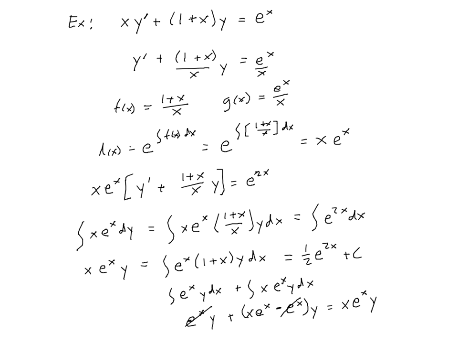So the net result here is you have x e to the x y is equal to 1/2 e to the 2x plus c. And by the way, the number one problem I've seen people have when they're solving these ODEs is they leave off the constant.